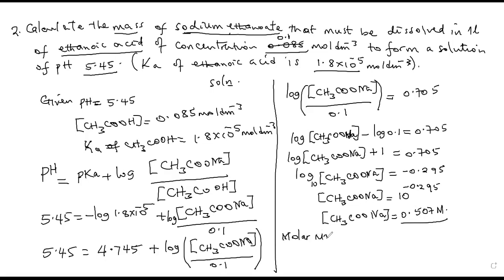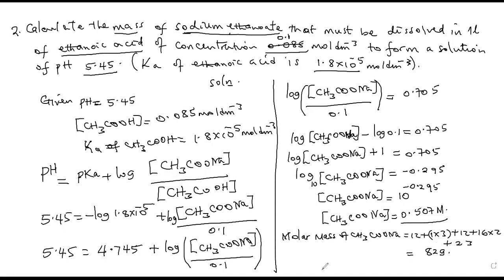So the molar mass of sodium ethanoate is going to be equal to carbon is 12 plus hydrogen is 1 times 3, plus carbon 12, plus oxygen is 16 times 2, then plus sodium, which is 23. When you compute this, 12 plus 3 is 15, plus 12 is 27, plus 32 is 59, plus 23 is 82. So you have 82 grams per mole.